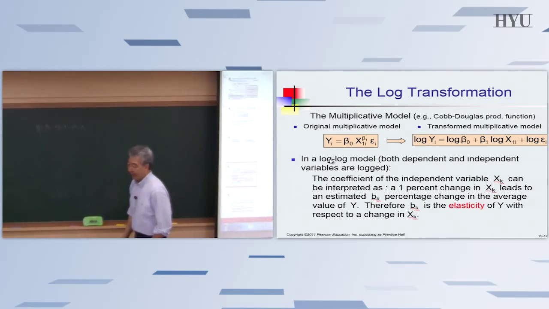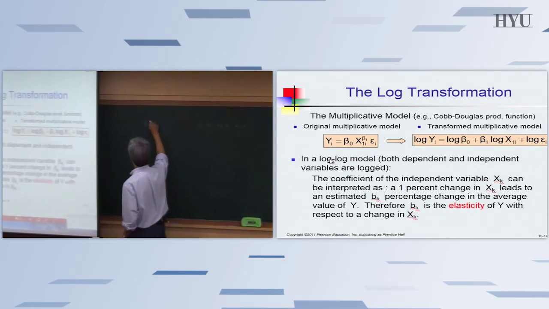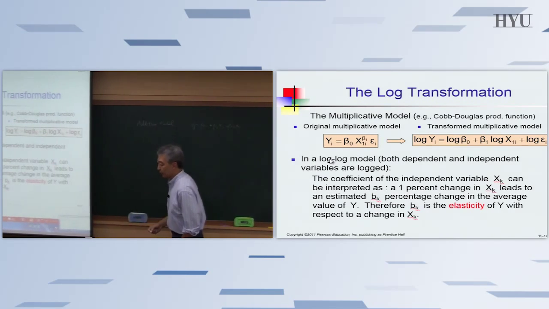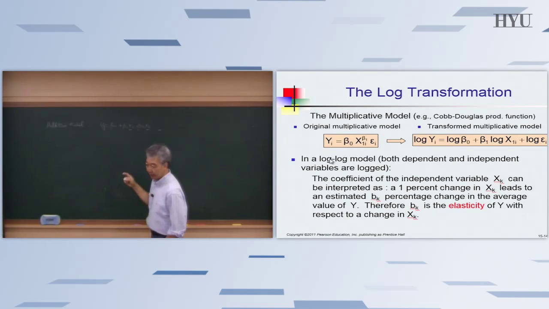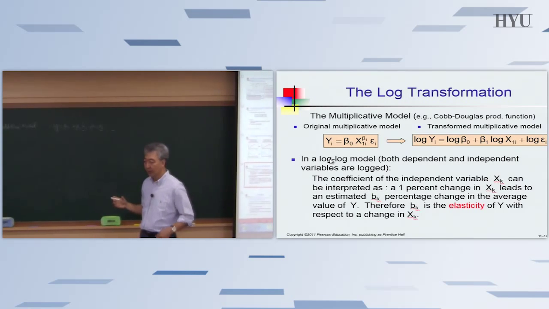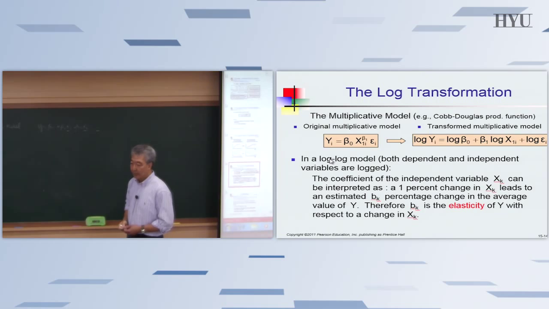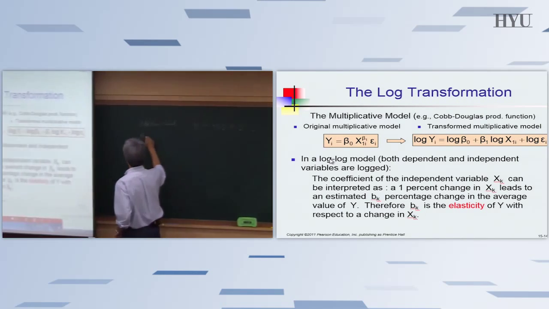And this is what we call an additive model, because all the independent variables are added to each other. x1, x2, x3 are added, right? There's another type of model. It's called the multiplicative model.